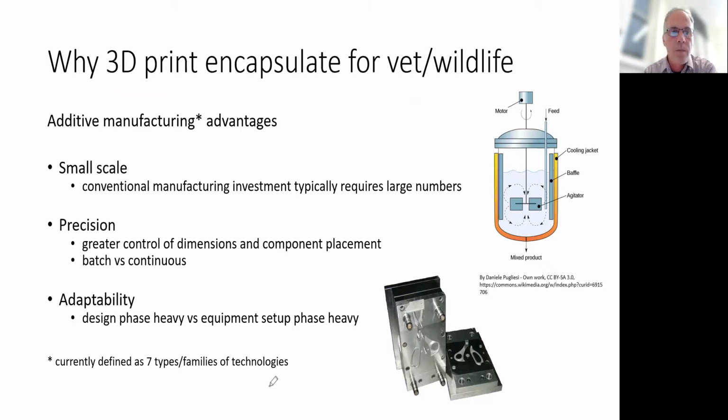The advantages of additive manufacturing include that you can make things at small scale that traditional manufacturing techniques would not be able to address. The quite complex tool construction you need for injection molding is a significant cost up front, in the tens of thousands to hundreds of thousands of dollars, depending on the complexity of what you're making.